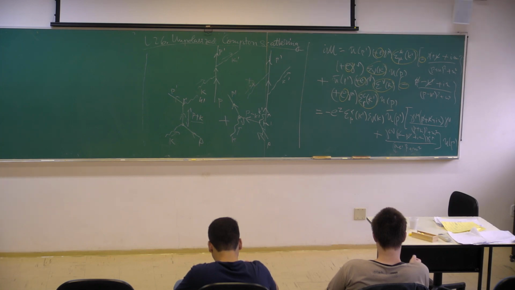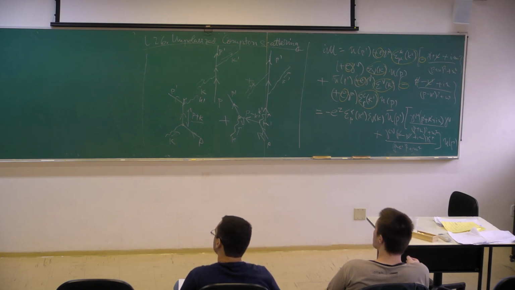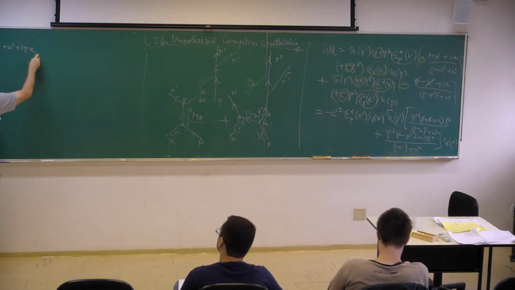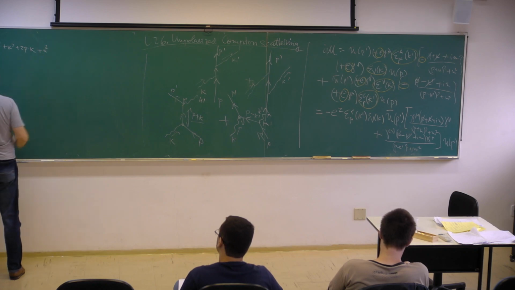So now let's try to simplify this a little bit before we calculate in detail. First we have this numerator, (p plus k) squared plus m squared. So that's p squared plus k squared plus 2pk plus m squared.